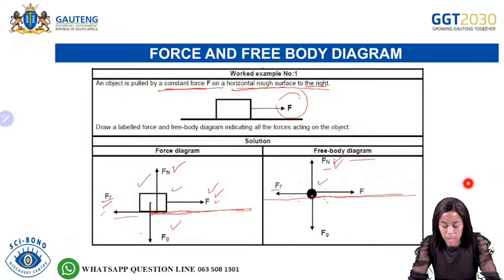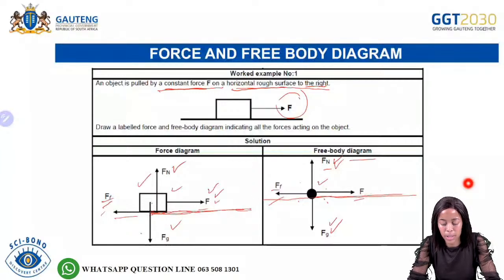Then the gravitational force will always be drawn going downwards. On the right hand side, we have the applied force, so with the free body diagram we need to represent the applied force. Then on the left hand side, we have the frictional force, which we also need to indicate.